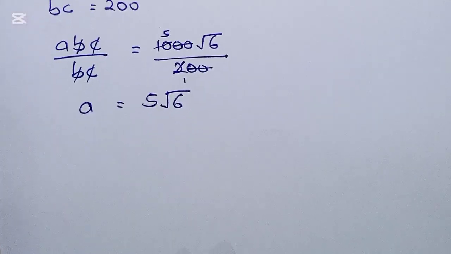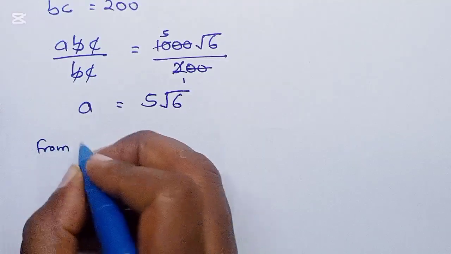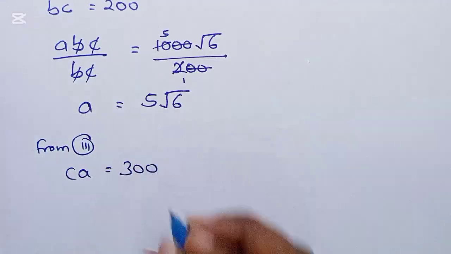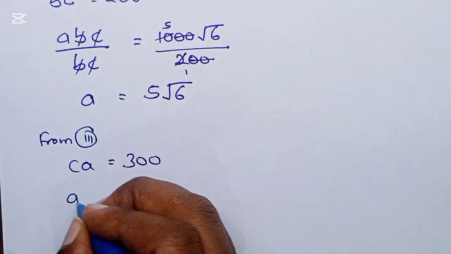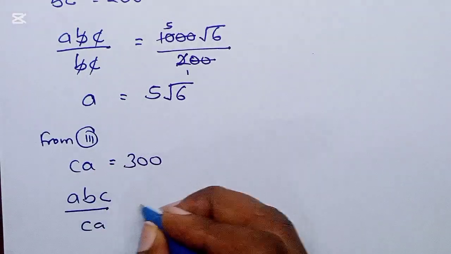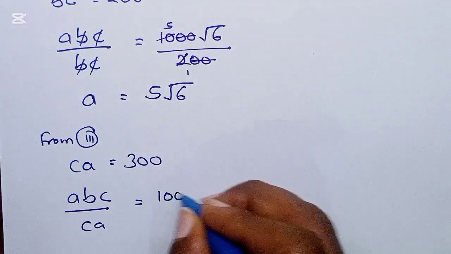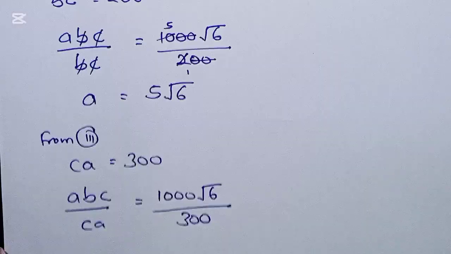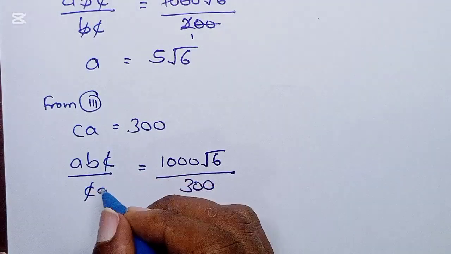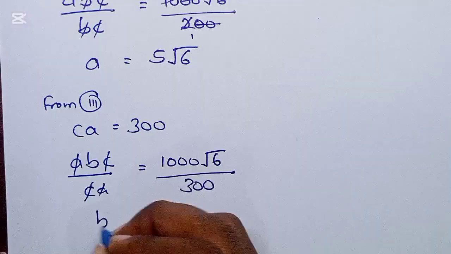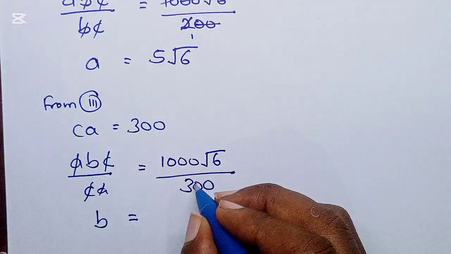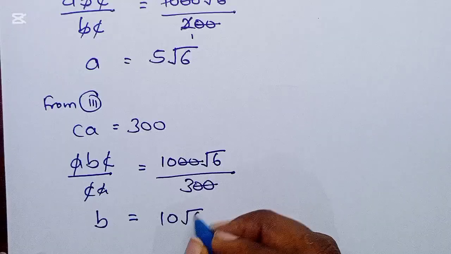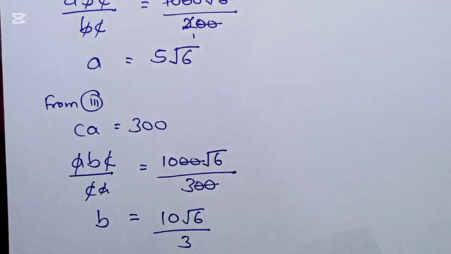Then from equation 3, CA is equals to 300. So if you are to consider ABC over CA, this would be equals to 1000 root 6 over 300. So this C cancels with this C, this A cancels with this A, and therefore B is equals to, these two zeros go with this, so this would be 10 root 6 over 3.